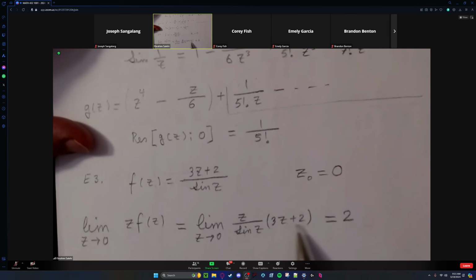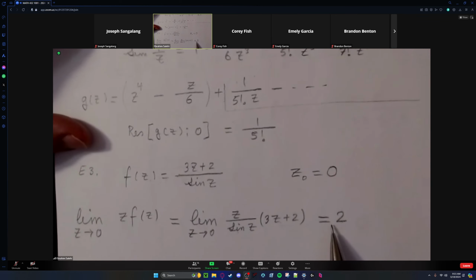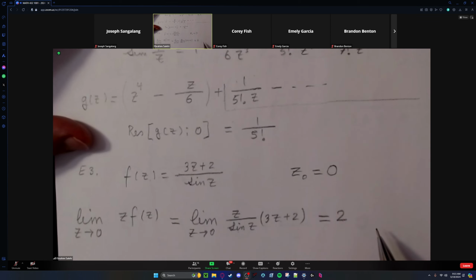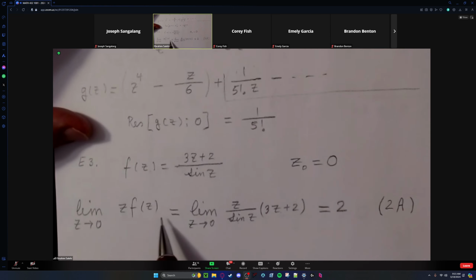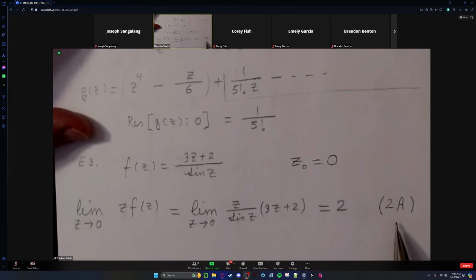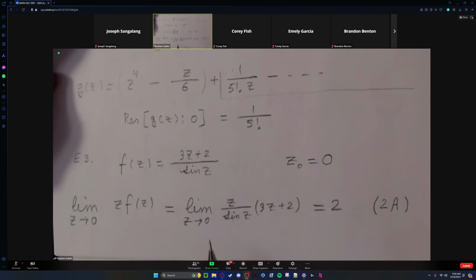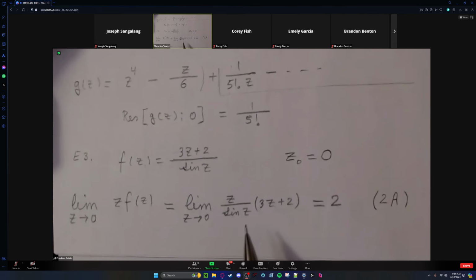I'm using method 2a, based on the notation that I gave you earlier. If you are taking notes, I used method 2a, because it is a simple pole and I could do that.